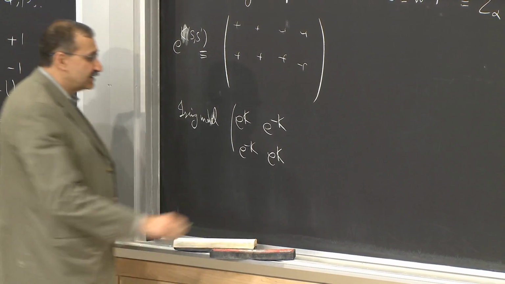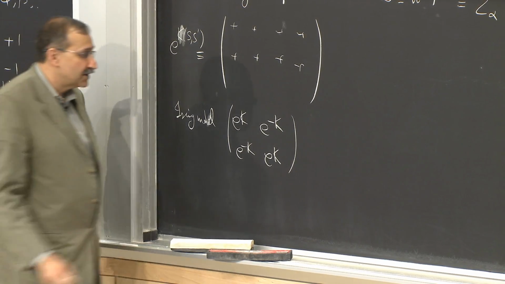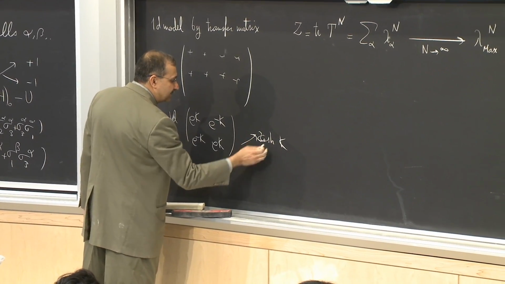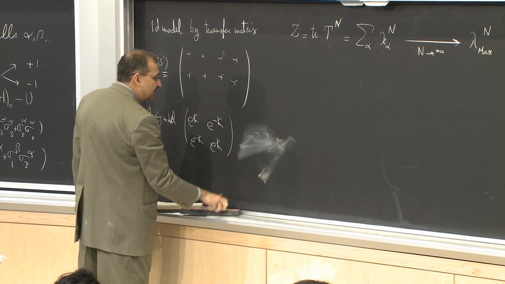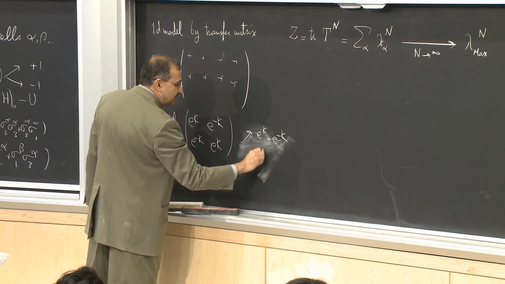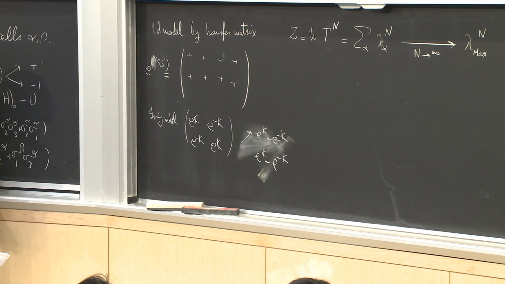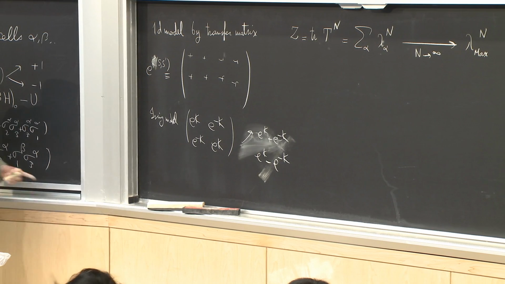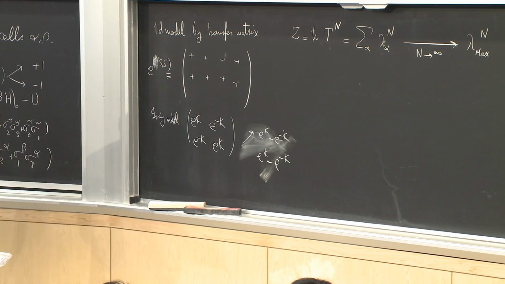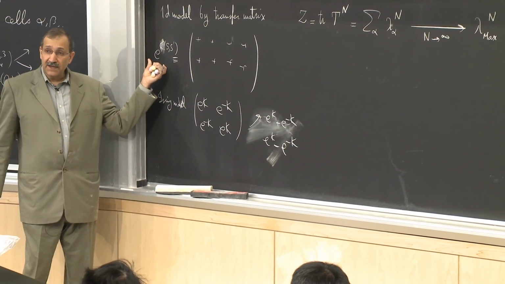And clearly you can see that the eigenvalues corresponding to (1,1) or (1,-1) as eigenvectors are e to the k plus e to the minus k, and e to the k minus e to the minus k. Okay? So to get this, all I had to do was to diagonalize a matrix that corresponded to one bond, if you like.